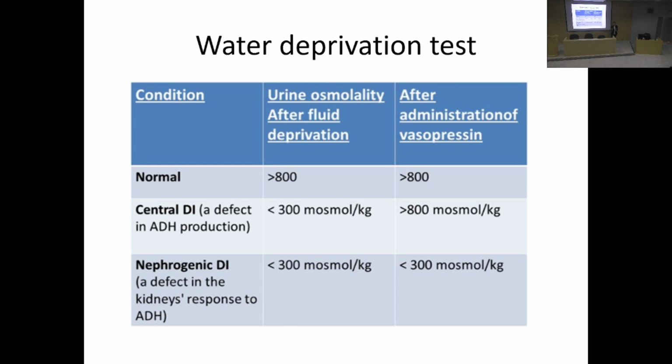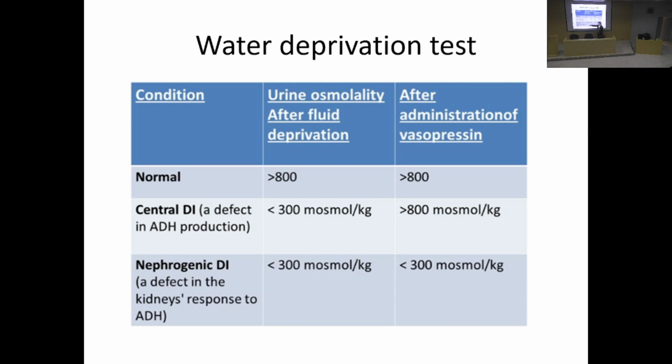But now the question is, do I have diabetes insipidus because there is no ADH, therefore I cannot concentrate the urine? Or is it that I have ADH, but the receptor is not working, and therefore ADH cannot work because there's maybe a mutation in the receptor that's just not binding to it? How do I differentiate between those two conditions? Because both of them will present with low osmolality of the urine.